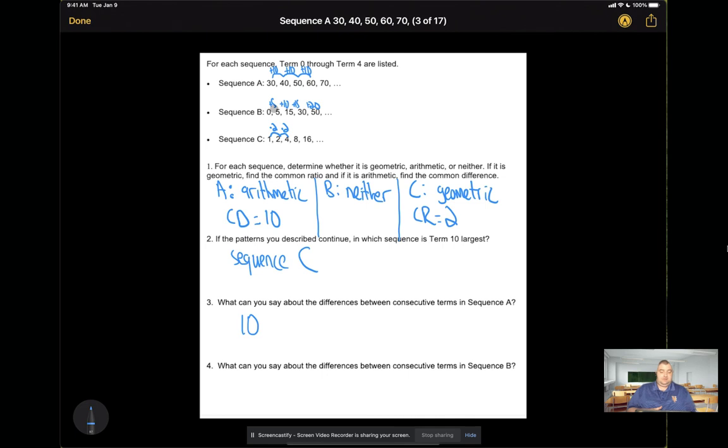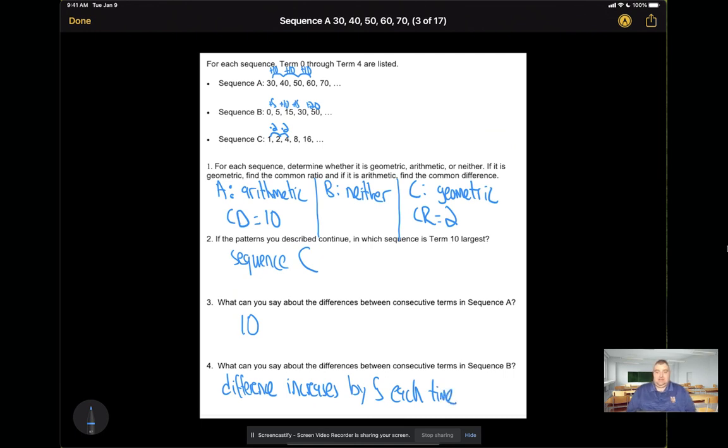The difference is 5, then the difference is 10, then the difference is 15, so on and so forth. So we can say that the difference increases by 5 each time.